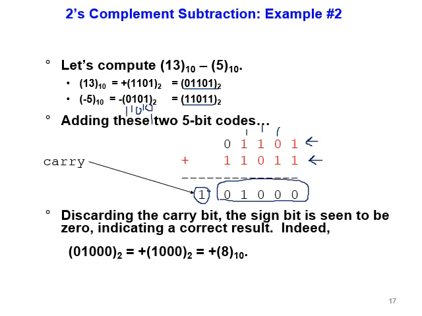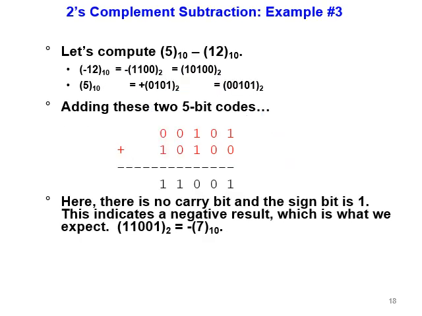Okay? As you can see here, it's clear how we got it in decimal. Another example, what if I have 5 minus 12? You can see here, 5 is clear because it's a positive number, but let's come to the minus 12.